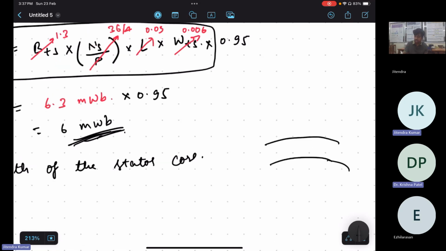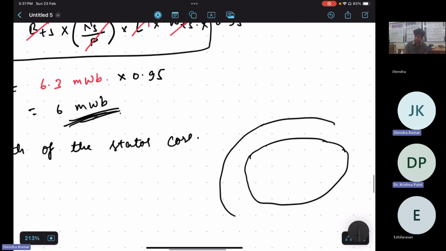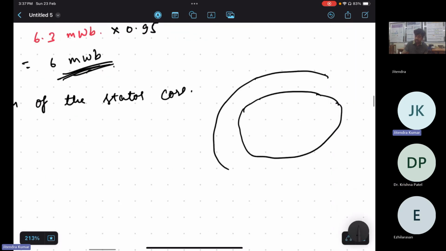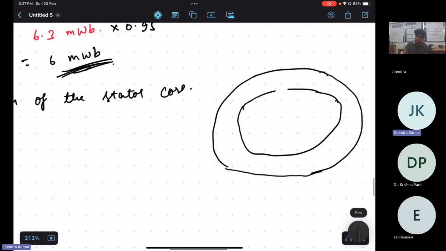This is kind of your rotor and a stator, right? And here you have teeth like this. So this is your depth of the stator core, and it is denoted in the lecture by the notation DCS.